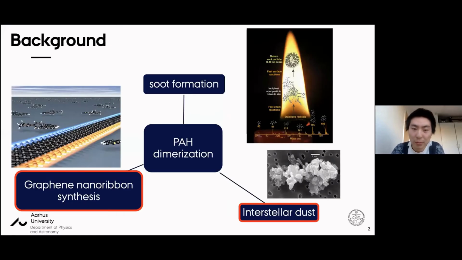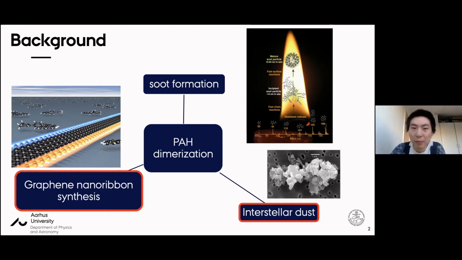People are interested in PAH dimerization because it is an important process in many properties. It's important for understanding graphene synthesis on surfaces, and important for soot formation and also the growth of carbonaceous dust grains.